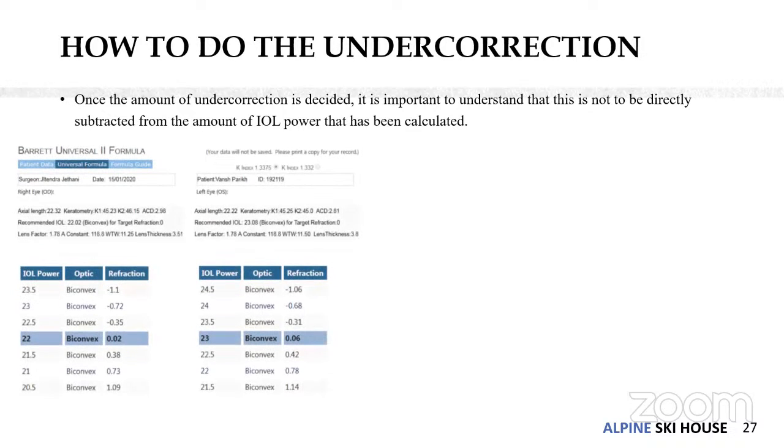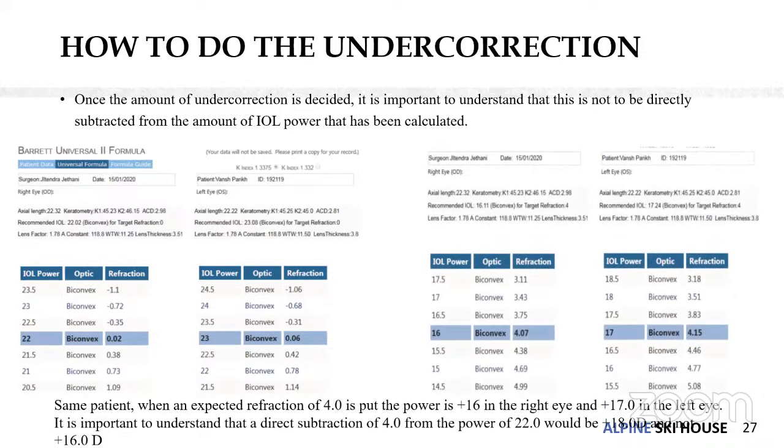Now one example is there. In the right eye axial length is 22.32 and the left eye is 22.22. So the emmetropic IOL power we can make right eye 22 and left eye 23. In the same patient, we can expect a refractive under correction of 4 diopter.